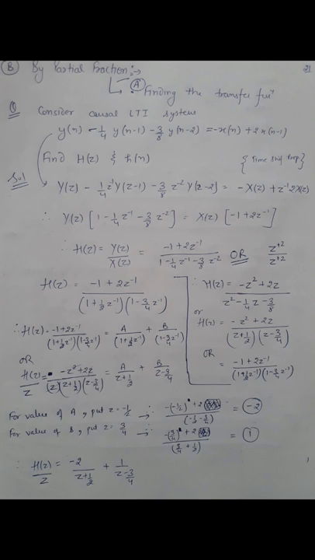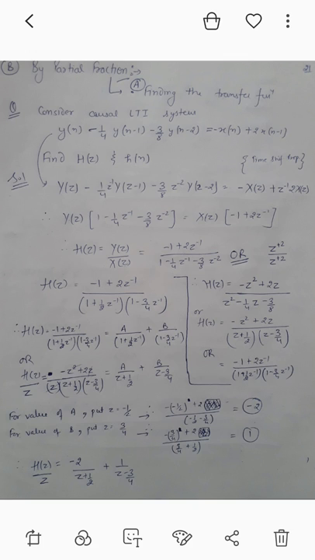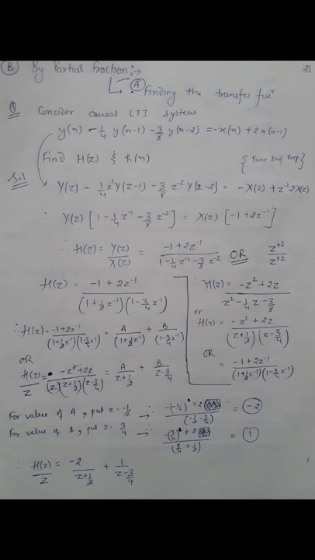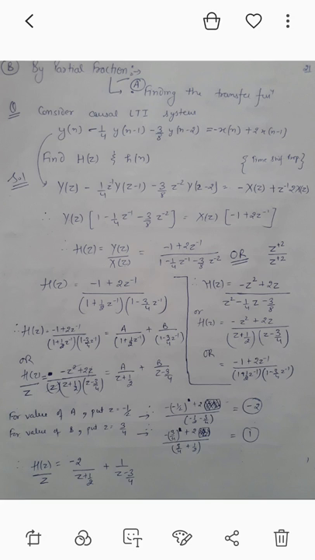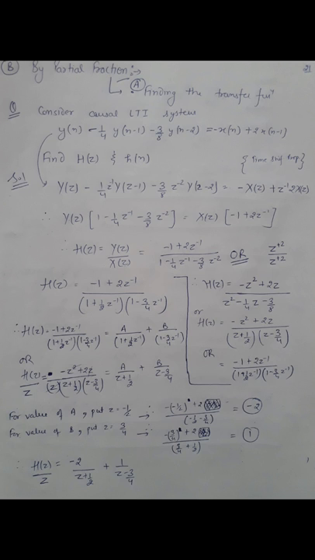Now the first step of partial fraction is to find H(z) by z. One z factor will cancel out, so it can be written as A upon z plus 1/2 plus B upon z minus 3/4. To find the values of A and B, we put z equal to minus 1/2 for A and z equal to 3/4 for B. So A is minus 2 and B is plus 1.